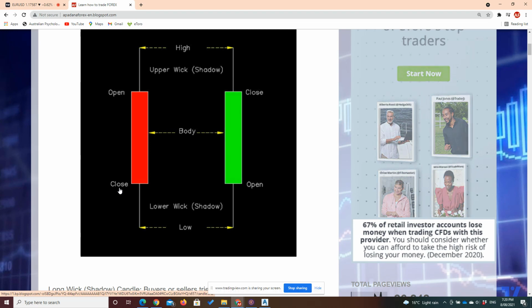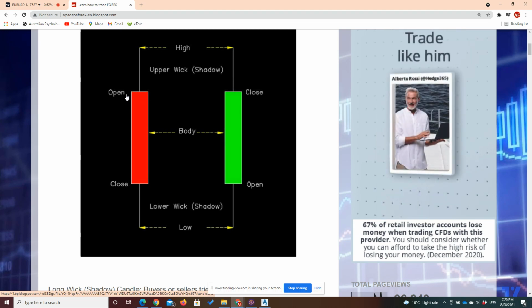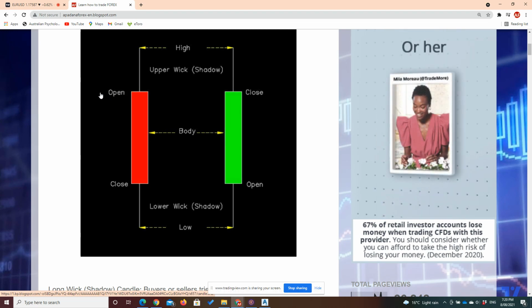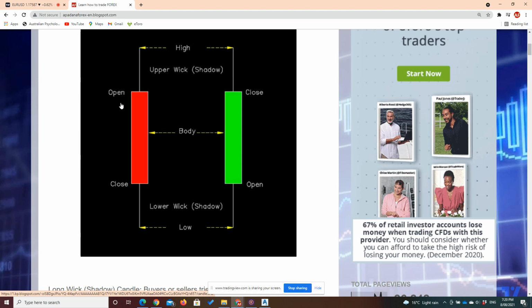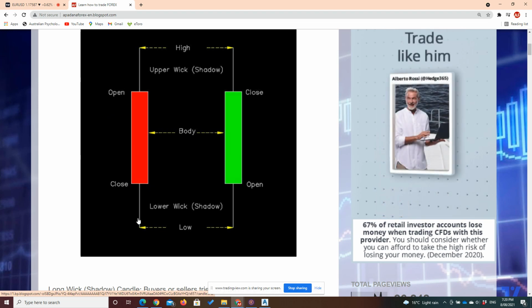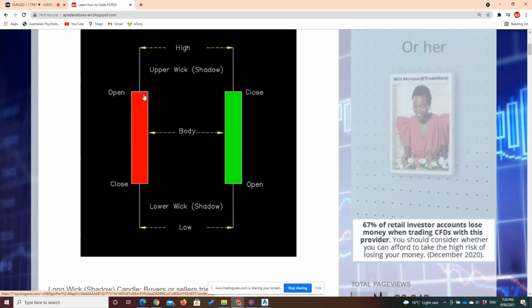So, for example, here, sellers had the power in the market. They pushed the price down and price fluctuated this much and then closed here.